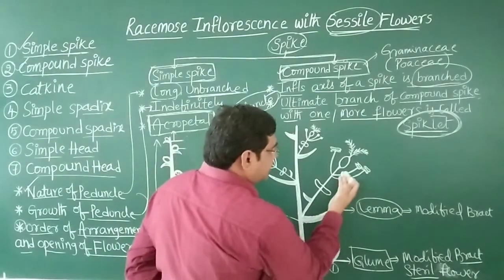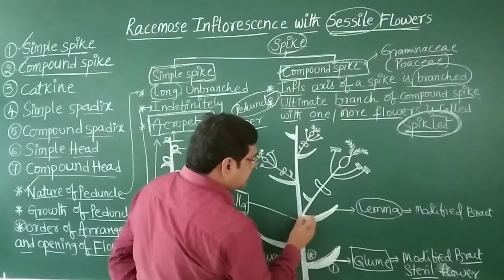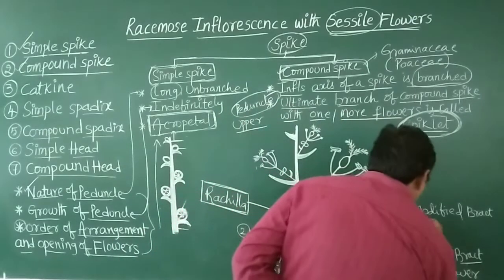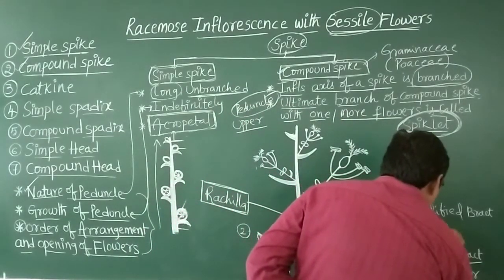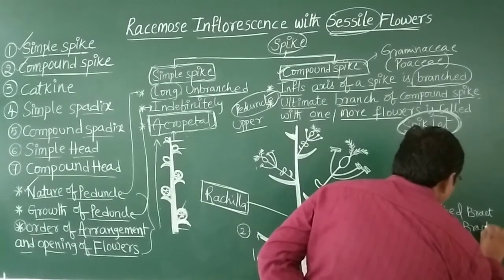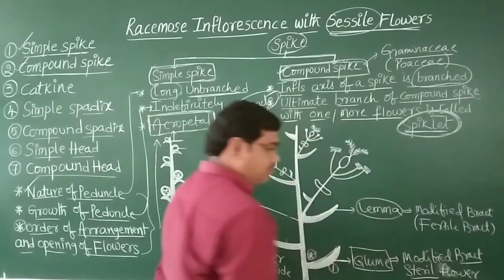That flower is present at the axil of the bract. This lemma is called a fertile bract.